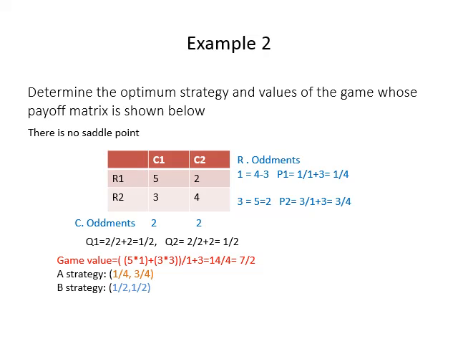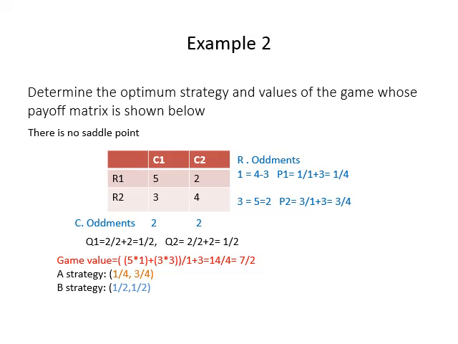Then Q1 equal 2 over 2 plus 2 equal half, and Q2 equal 2 over 2 plus 2 equal half.